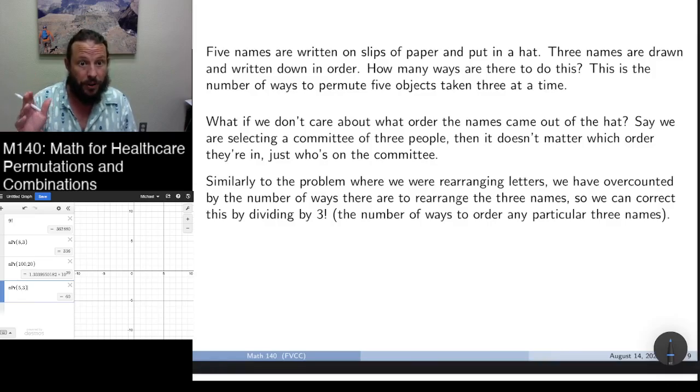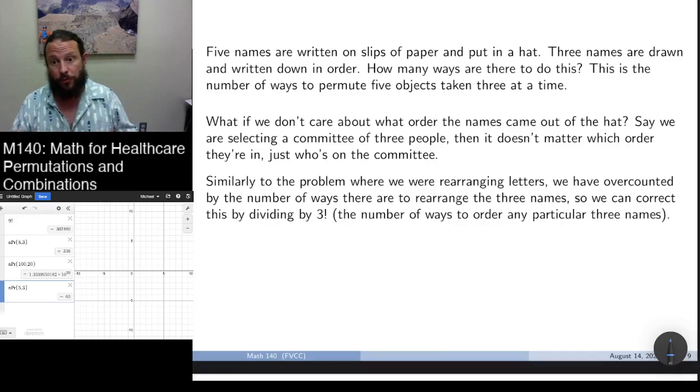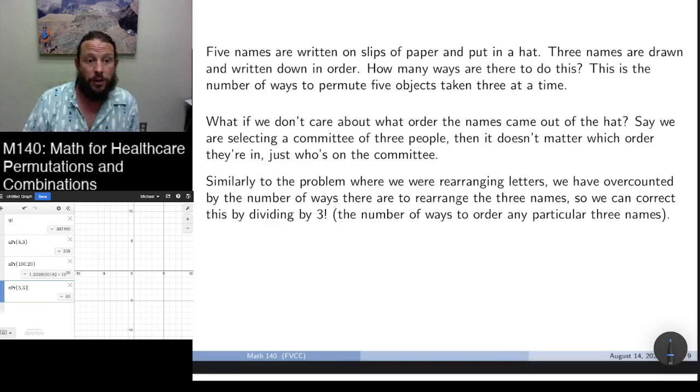And these are the people on the committee. But instead of being first, second, or third, it doesn't matter. You know, in the previous one, let's say Bob was first, Jill was second, and Cindy was third. Well, a different thing in that one would be Bob's second, right? But that's not the case here.